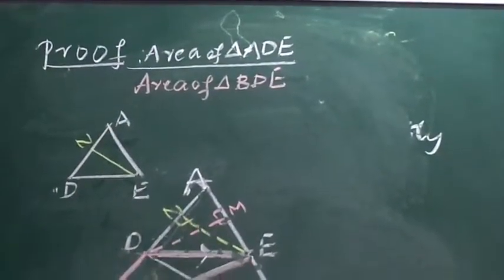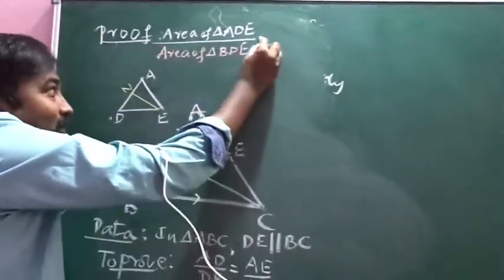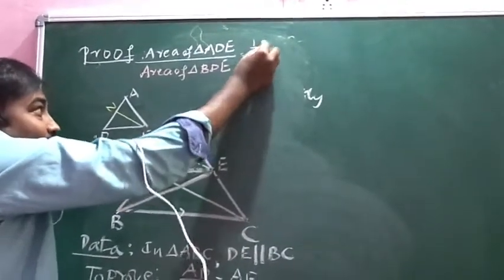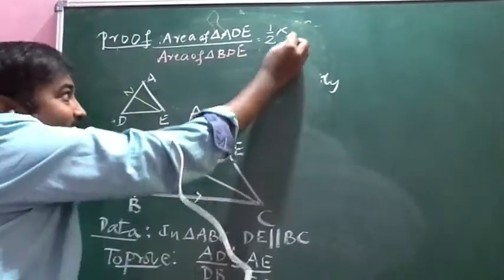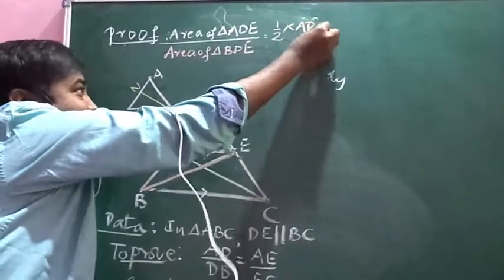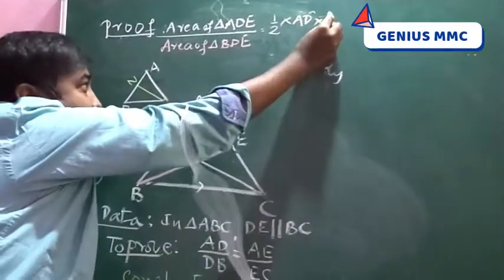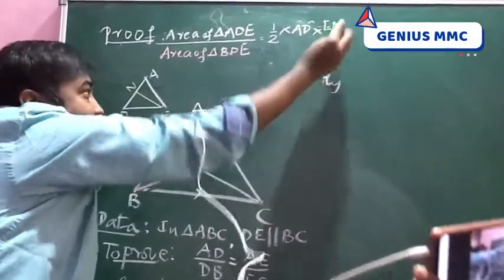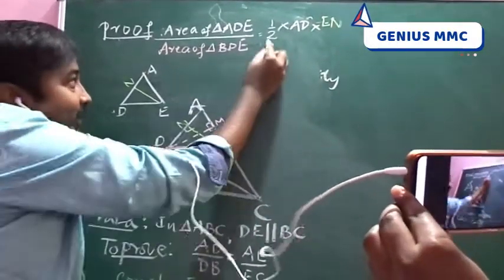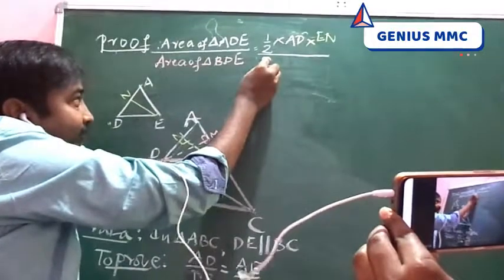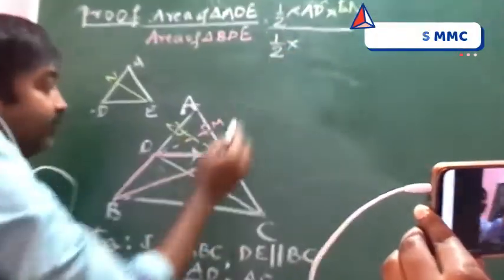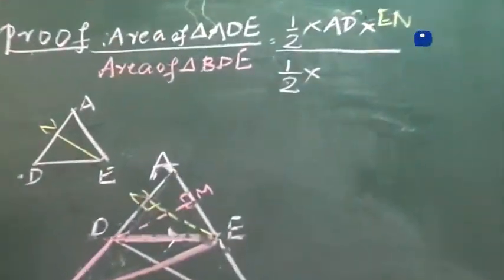EN is the height. So I write down the formula for the numerator part: half into base AD into height EN, that divided by half into... write down this. Observe the pink color triangle.